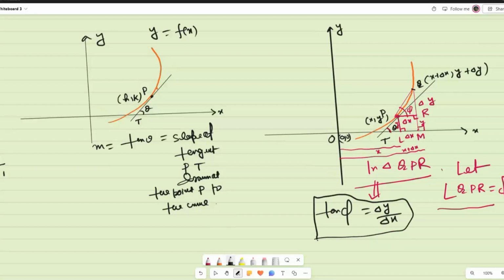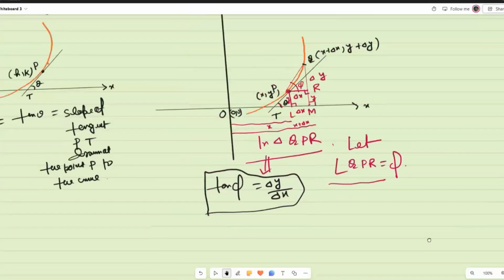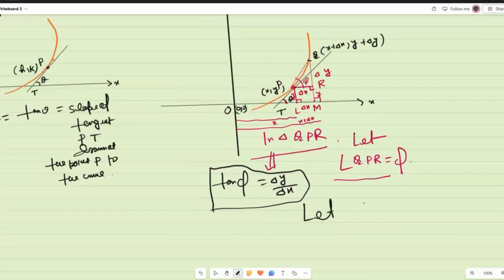Now, we are making this PQ gradually smaller. Assume that Q is very close to P. Let Q be tending to P. Q tending to P means it is going very close to P. It means delta x is tending to 0.